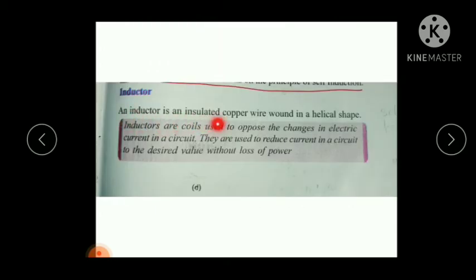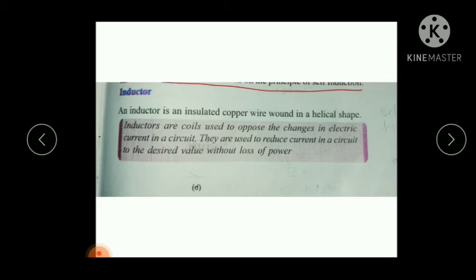So an inductor is an insulated copper wire wound in a helical shape, and they are used to oppose the changes in electric current in a circuit. So if there are any changes in the electric current in a circuit, these inductors will oppose the changes. They are used to reduce current in a circuit to the desired value without loss of power.